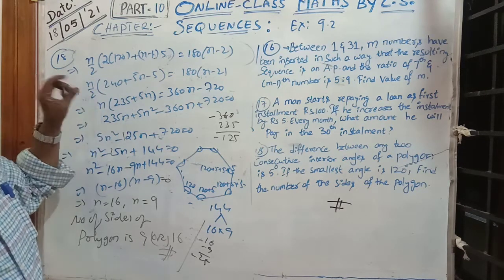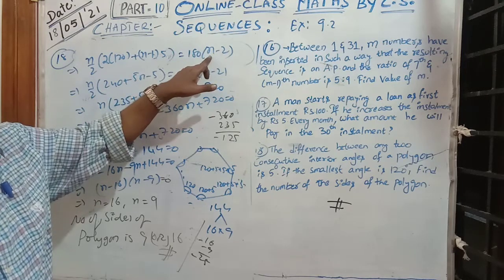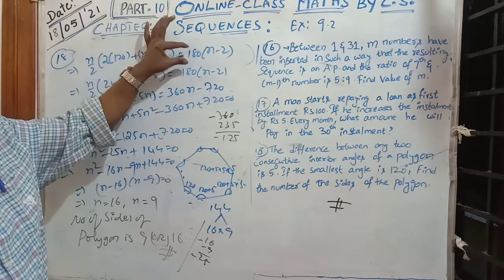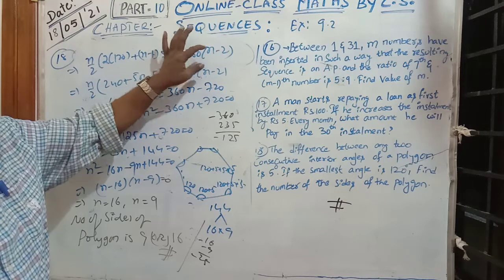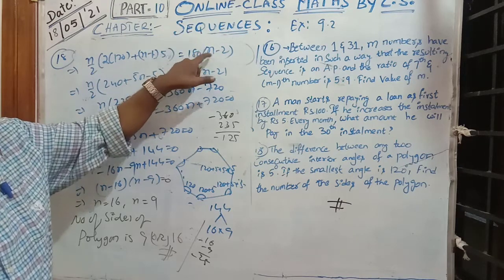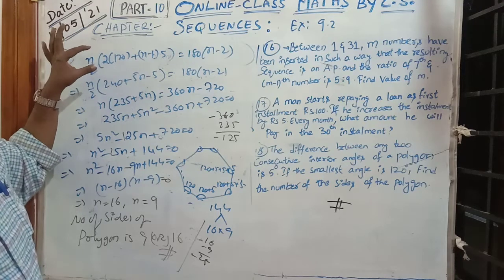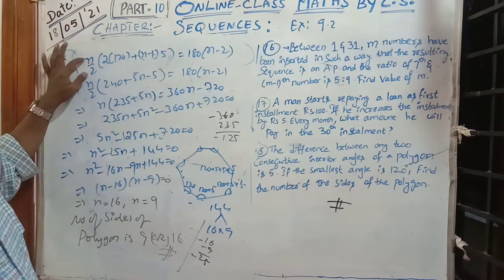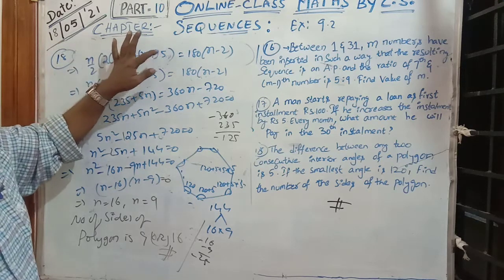Here the main thing is 180 of n minus 2, where n is the number of sides of a polygon. The sum of interior angles of the polygon whose sides are n is 180 of n minus 2. This formula is needed. But here it is an arithmetic progression formula, Sn, n by 2 of 2a plus n minus 1 into d.